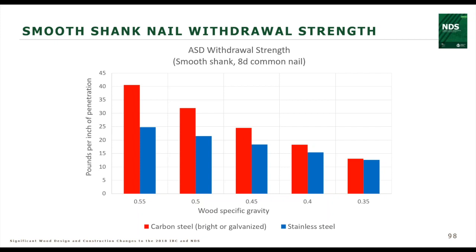So at a lower specific gravity wood member, like down here at 0.35, the difference in withdrawal capacity for an 8D common smooth shank nail is not very much.